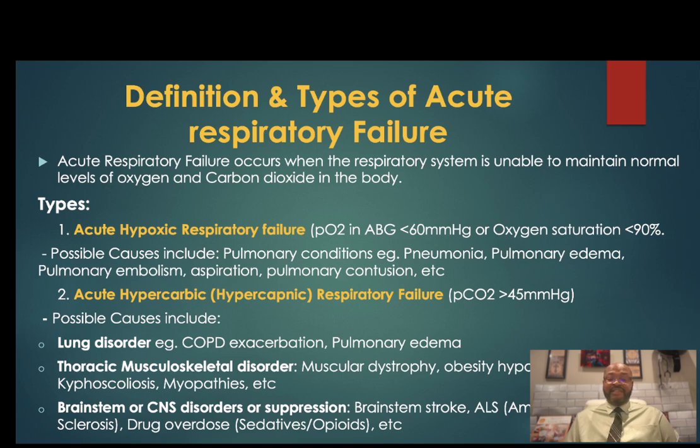So brainstem strokes, ALS, especially in advanced cases, or drug overdose cases where the benzodiazepines or the opioids suppress the breathing center, the respiratory center, can also lead to acute hypercapnic respiratory failure.